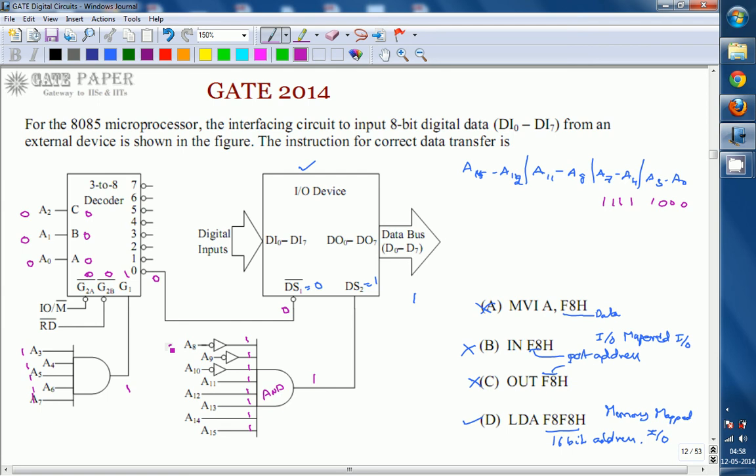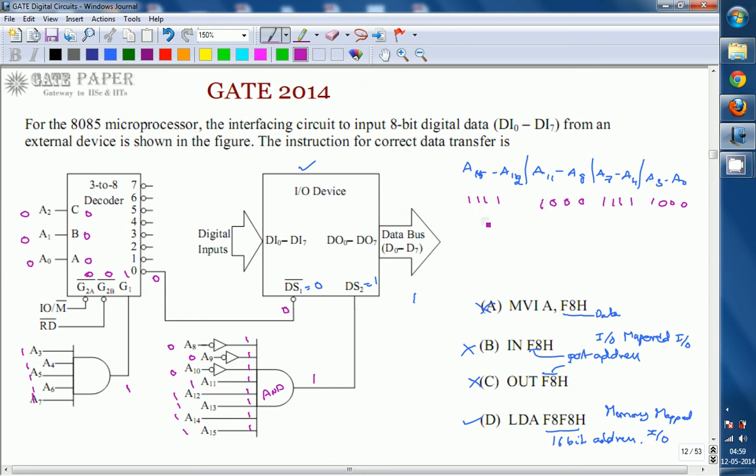That implies A8 must be 0, this is an inverter, A9 must be 0, A10 must be 0, A11 must be 1, and A12, A13, A14, A15 must all be ones. So A12 to A15 must be ones, and A8 is 0, A9 is 0, A10 is 0, A11 is 1.